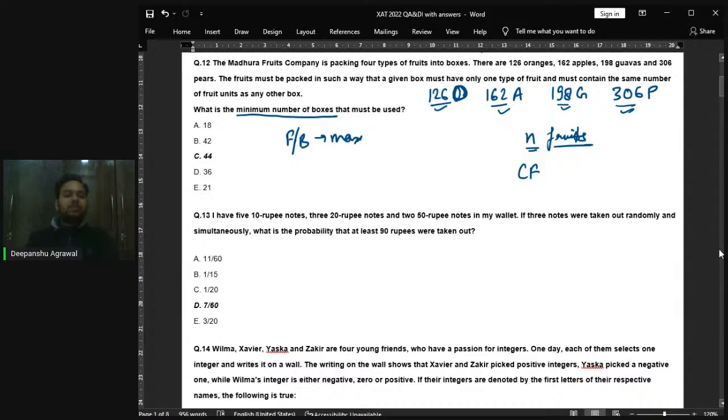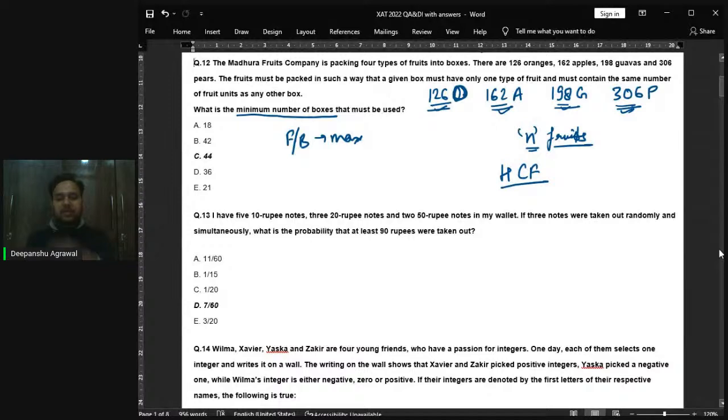So the number of fruits per box, that means the value of n, should be maximum as well, right? So what does that mean? That means the value of n should be the highest common factor of 126, 162, 198, and 306. So it's not a very difficult question. It's very, very easy and solvable.